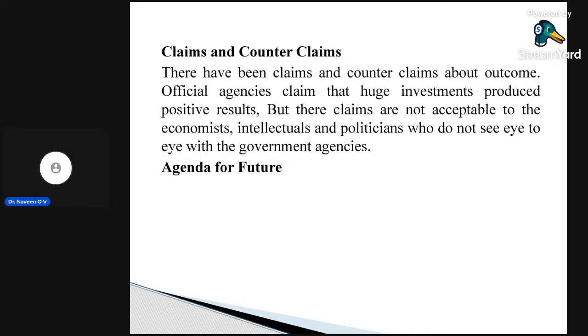The claims and counterclaims are on the achievements related to industry, agriculture, infrastructure, foreign trade, growth rate, control of inflation, and the standard of living of the people.